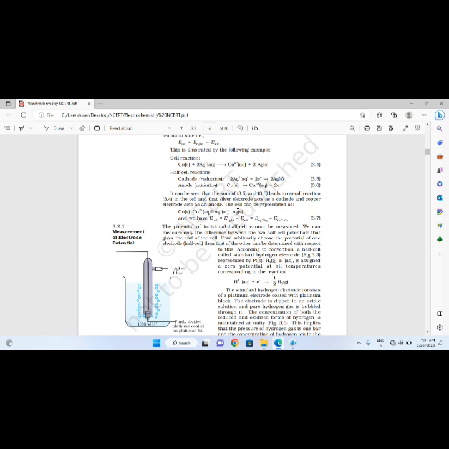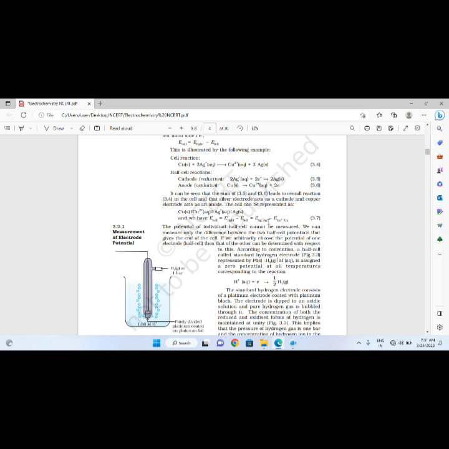We can see that the cathode, or the reduction side, will be given on the right hand side, that means silver plus to silver is on the right hand side, E right.